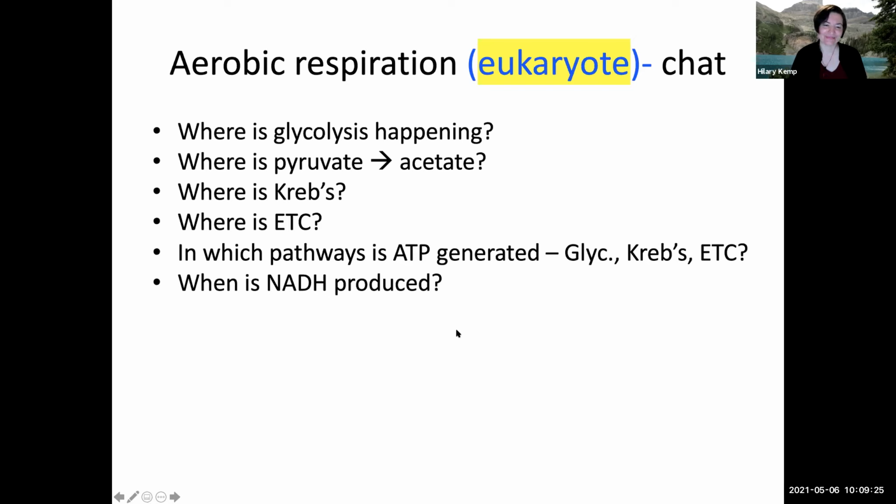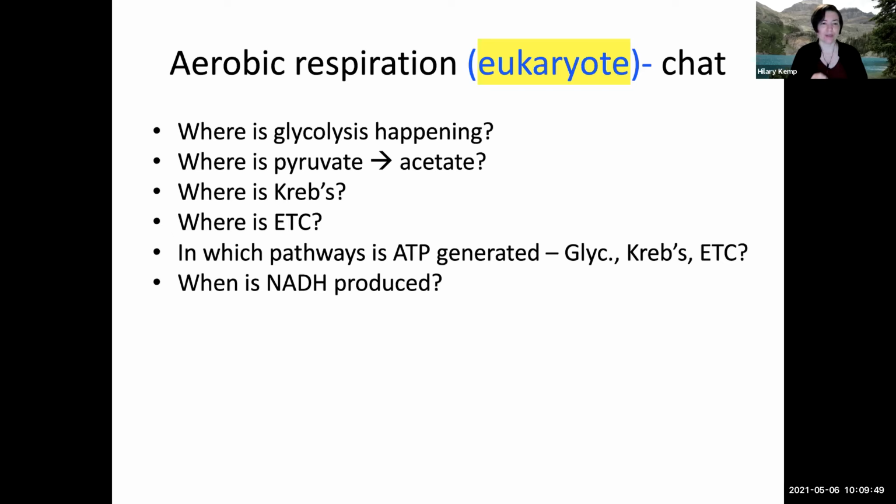Now, as I mentioned earlier, the big picture purpose of this process is to take glucose, which is a high energy organic molecule with lots of high energy electrons in it, and take those electrons out. And some of the time, in order to do that, you've got to chop the glucose into bits. But really, the point is to take the electrons out.